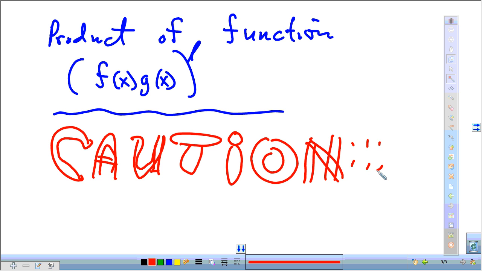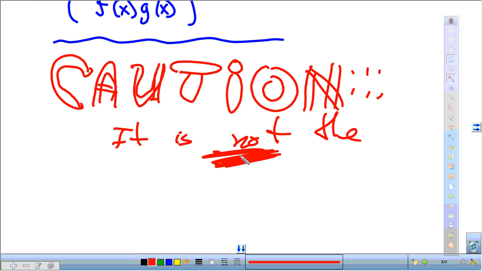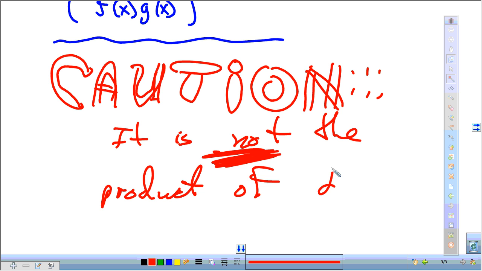So, a big caution that very basic idea that we might want to use to distribute it through the product doesn't work. So, it's not the product of derivatives.